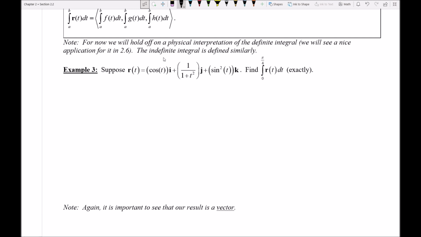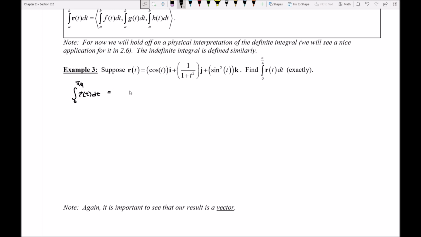I'm going to go ahead and start setting this up down here on, say, example number 3. Suppose that I have my vector function. Again, it's in my i, j, and k form, and I want to find the integral from 0 to pi over 4 of my r of t.